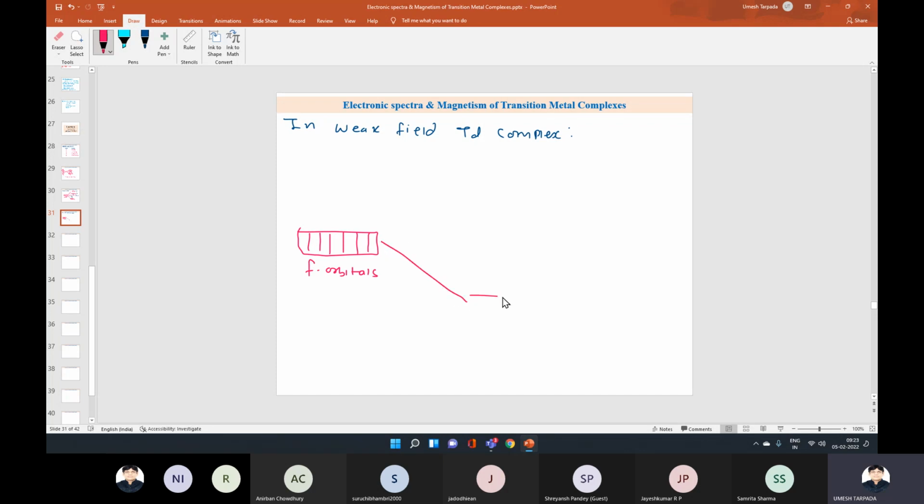The lowest energy term is A2. There is no degenerate term. And next here it is T2, and here it is T1. And this is the barycenter.